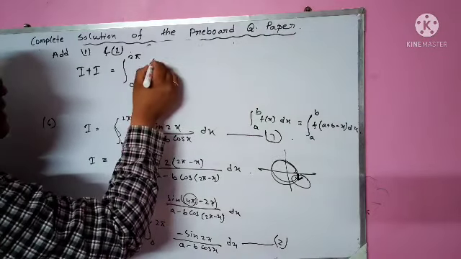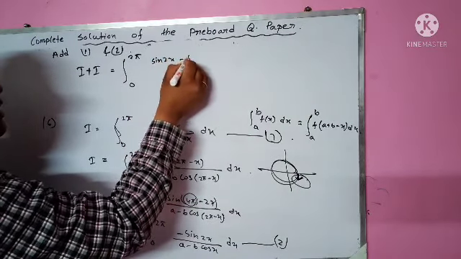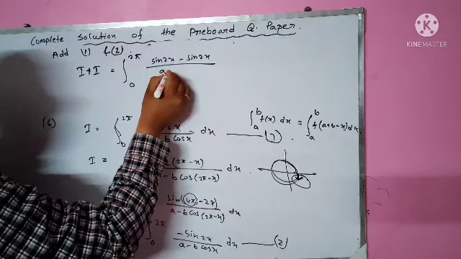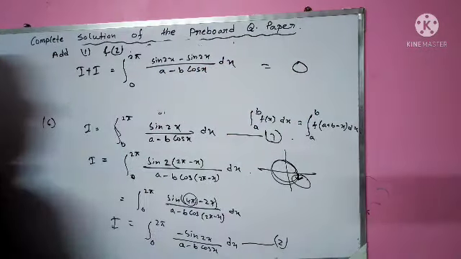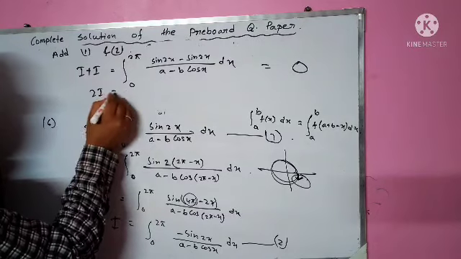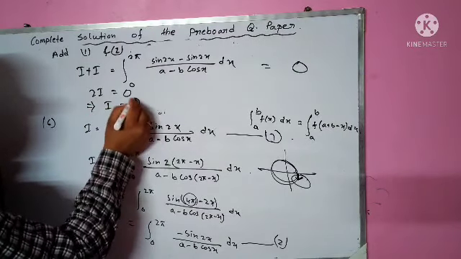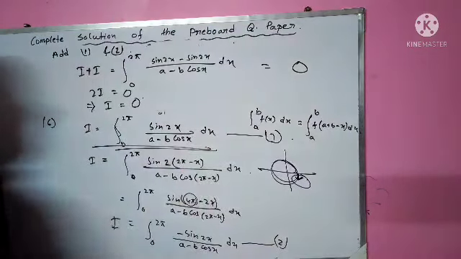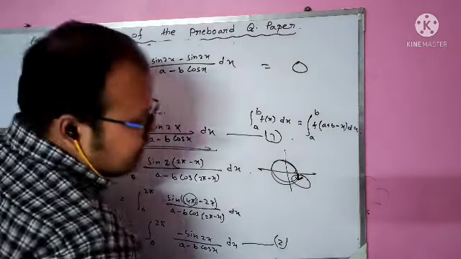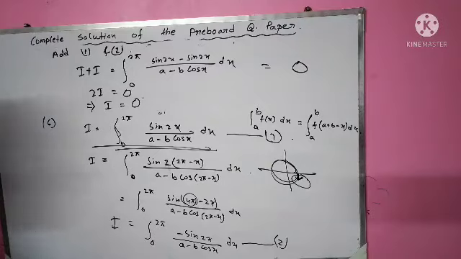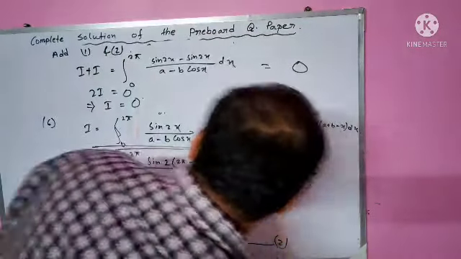In the numerator it will be sine 2x minus sine 2x, and the denominator is the same. So ultimately we are getting 0. So 2I equals 0 implies I will also be 0. So the value of this integration is 0. This is a small proof which you could have chosen.